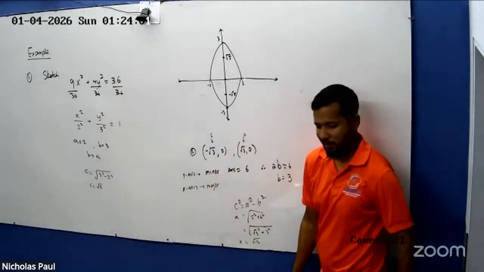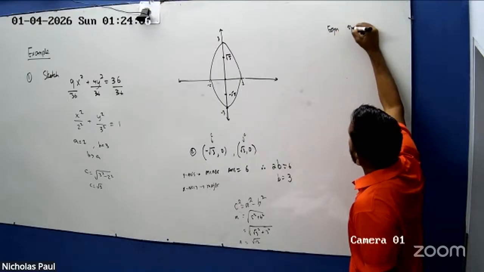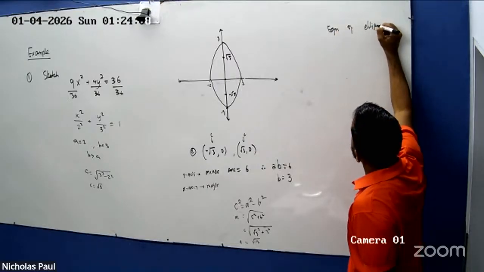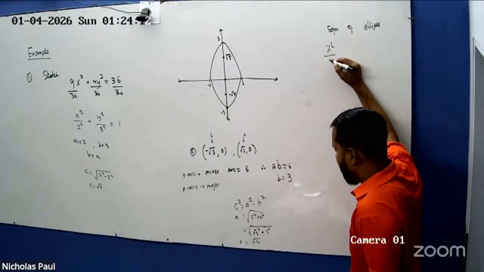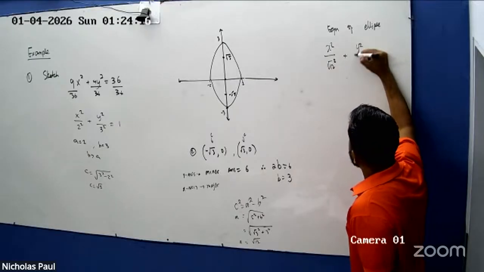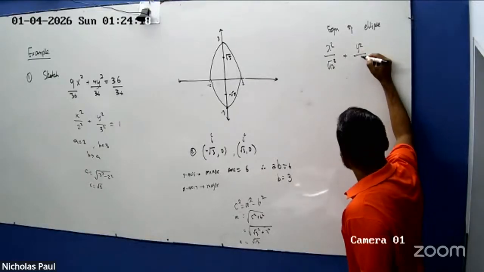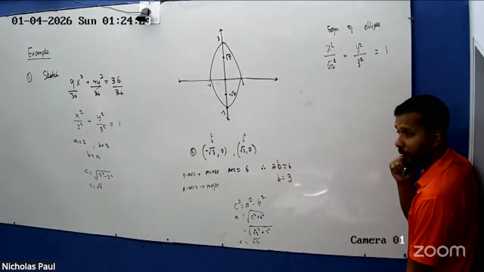So what is the equation of the ellipse? It is x squared over A squared plus y squared over B squared.